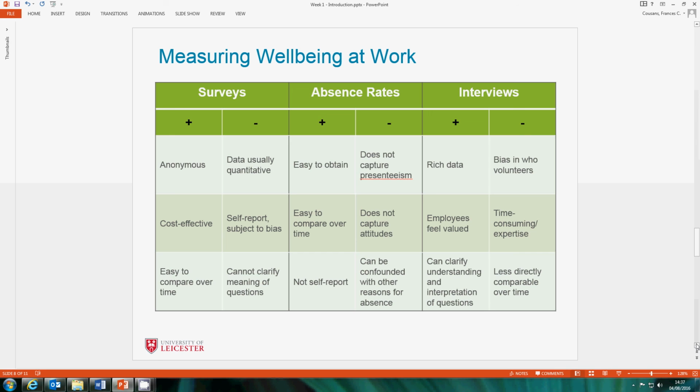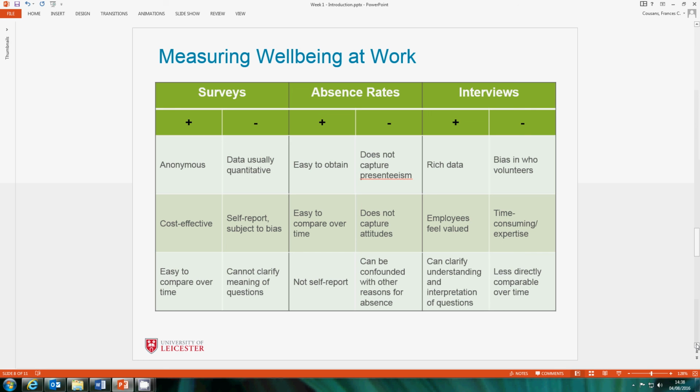In addition, with rich and detailed data comes a very time-consuming analysis process, as you'll probably know if you started doing this for your dissertation, as well as significant expertise in handling qualitative data. This means that the organisation is more likely to have to hire an external individual or an organisation to conduct interviews and analyse data, meaning that the whole process is slower and much more expensive than simpler or in-house options.